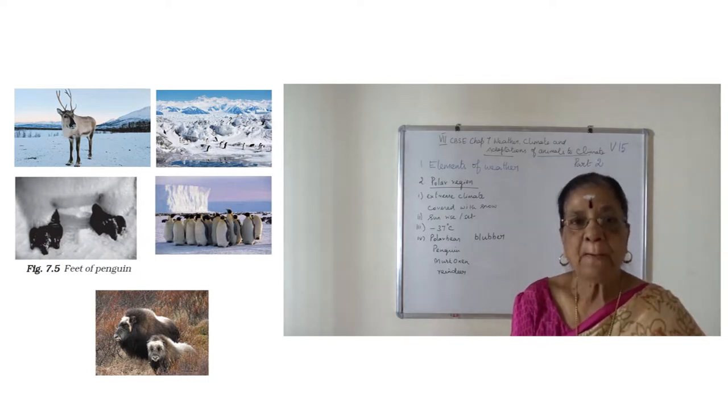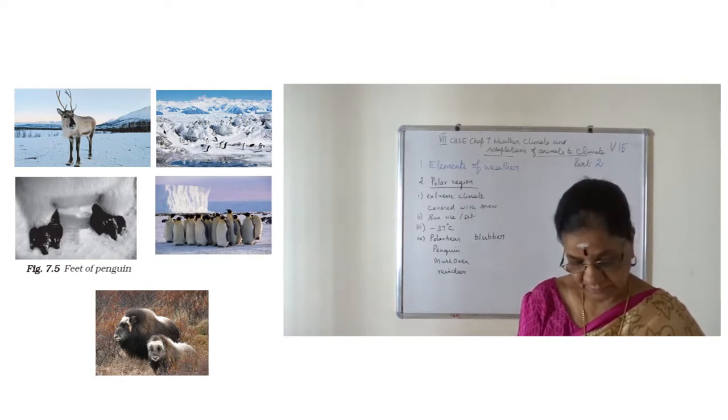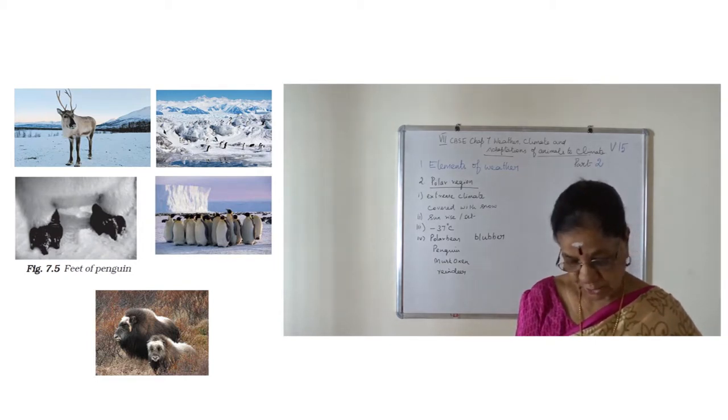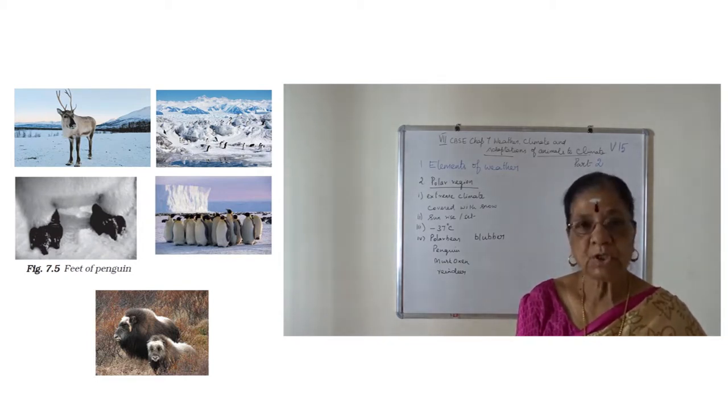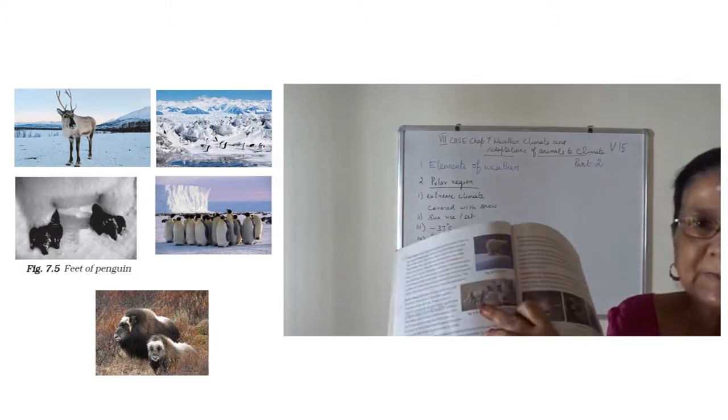Sole means the underside of the foot, the sole of the foot. Thick hair on the soles of their feet helps keep their feet warm and also helps them walk on the snow. So look, this is the Arctic fox figure.